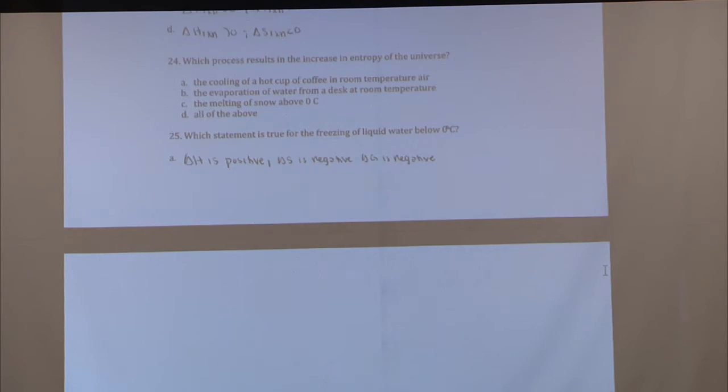Okay, number 25 says, which statement is true for the freezing liquid water below 0 degrees Celsius? So what would you guys think the delta H would be for liquid water that's freezing below 0 degrees Celsius? What would delta H be? Negative?